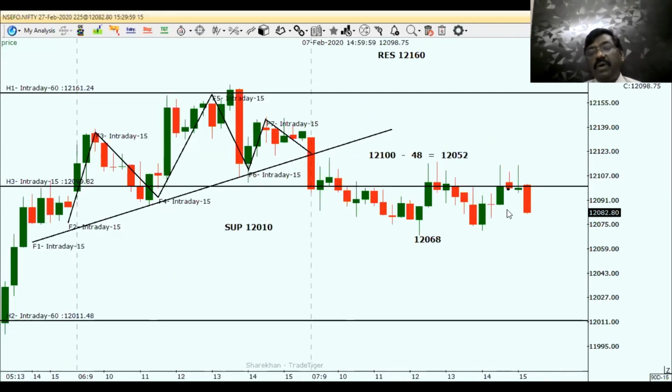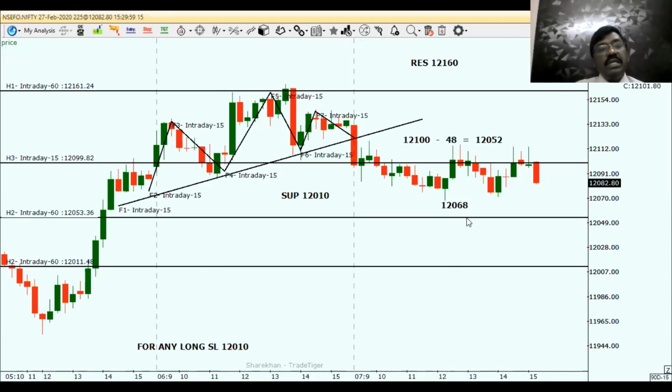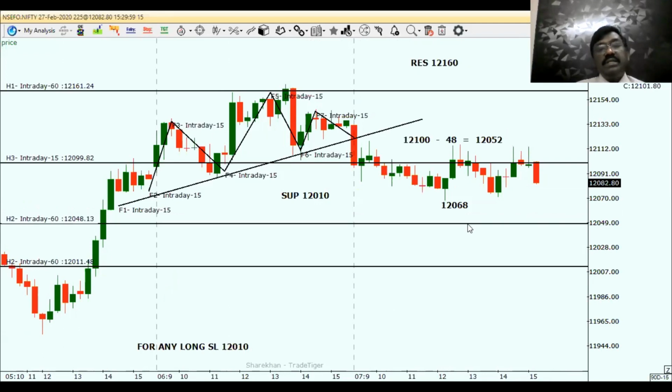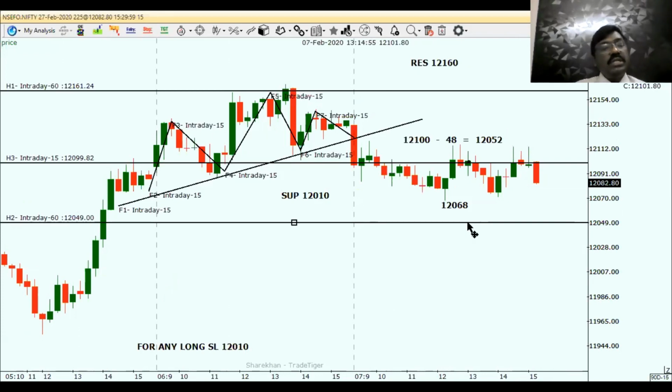So how to plan for Monday? I am making some small changes on the identification of the levels.